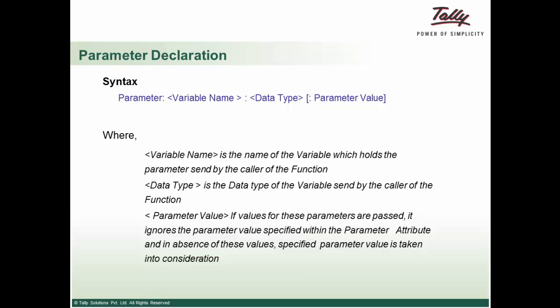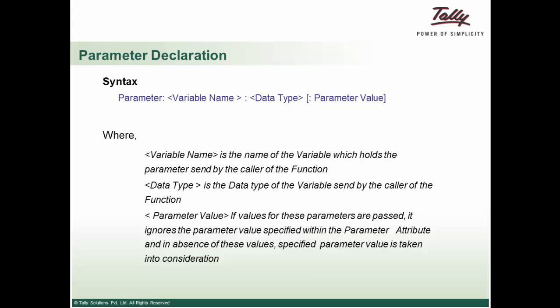The parameter declaration would be parameter colon variable name colon data type and colon parameter value. The parameter value will be optional. The variable name is the variable that will hold the value the system receives from the user.